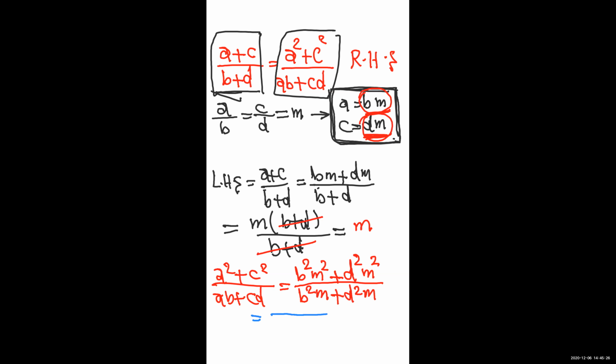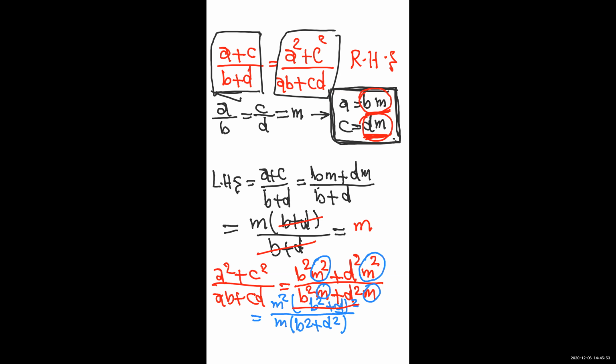Now, guys, look at the two terms on the numerator. What is the common factor? Here, M squared is a common factor, right? So M squared times B squared plus D squared over, what is the common factor on the denominator? Actually, it's M only. So over M times B squared plus D squared. Now, guys, it's easy to simplify these two terms.